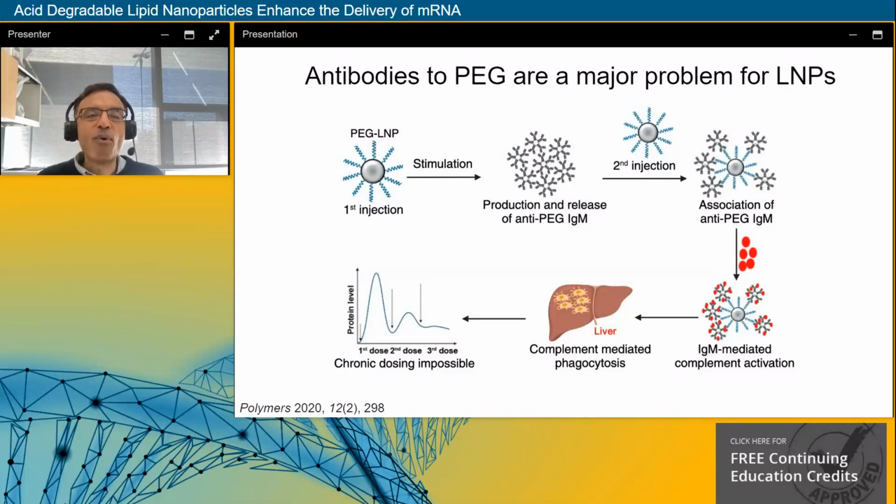And that is that it is a foreign polymer, and because it's a foreign polymer, PEG can sometimes cause antibodies. That's what's depicted here on this slide.